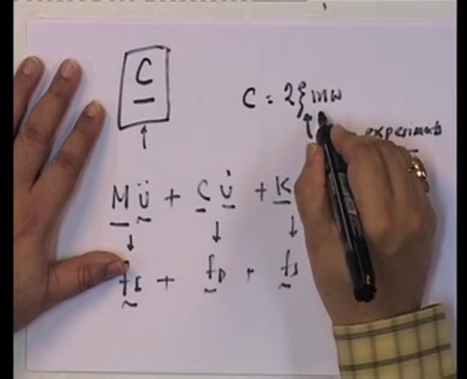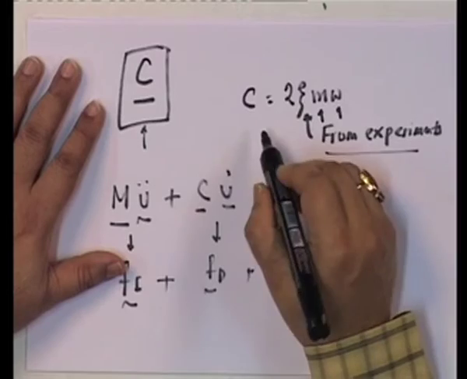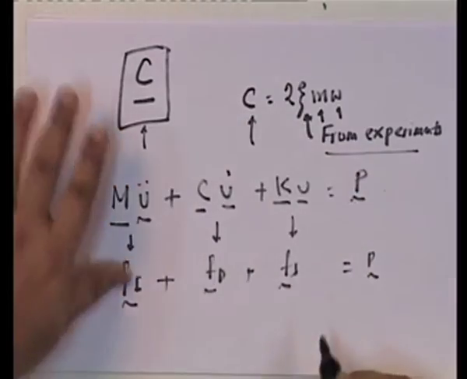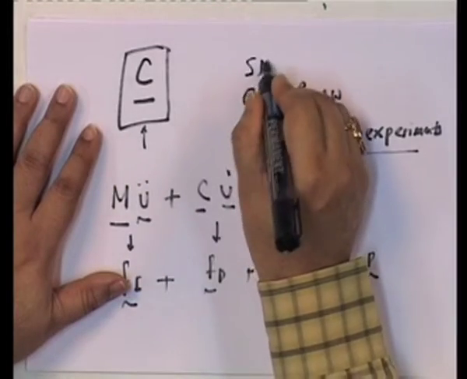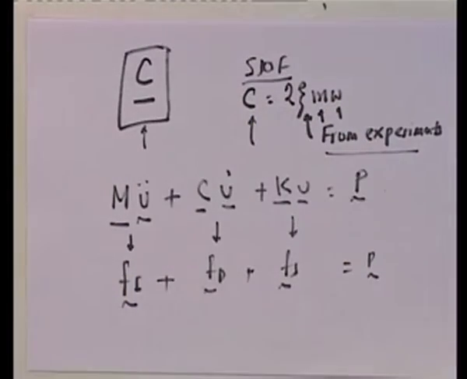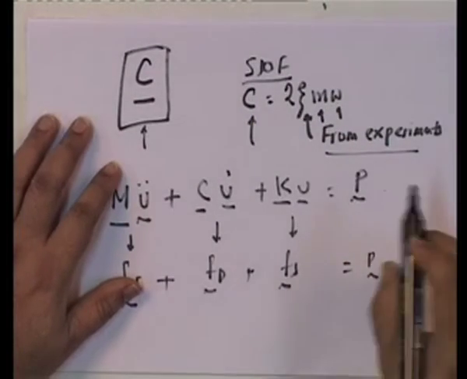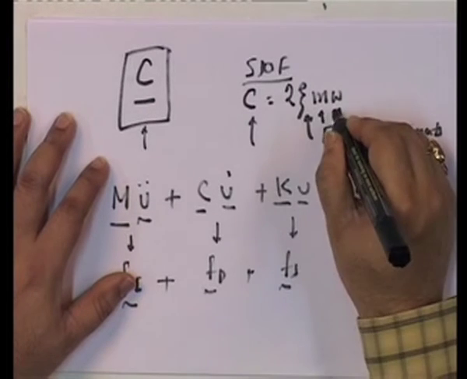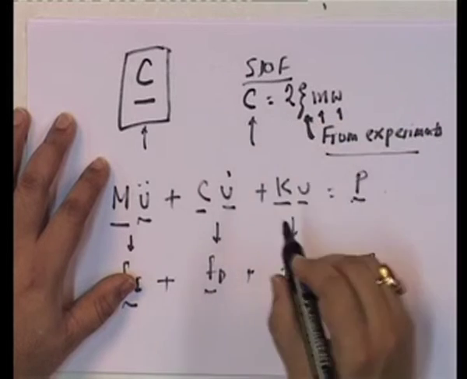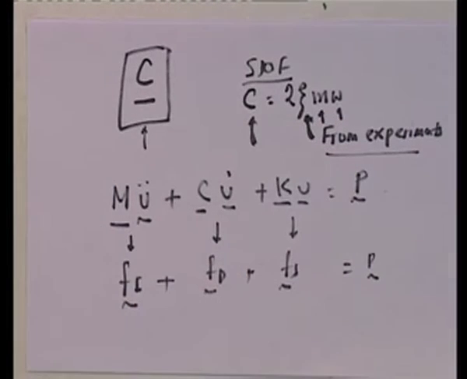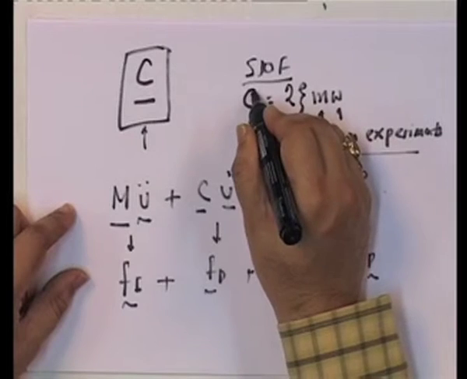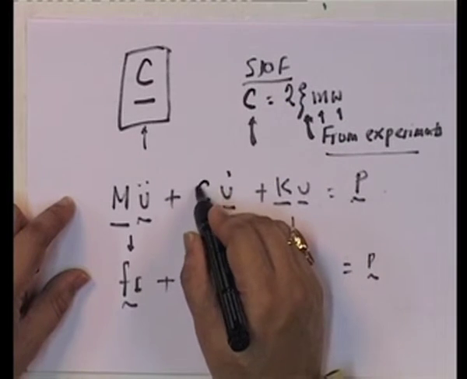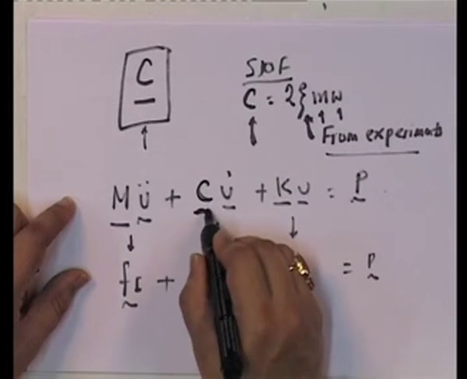So, once I do that, I know this, and therefore this was evaluated for a single degree of freedom system. So, understand that this is a derived quantity. Even in a single degree of freedom, this was derived.